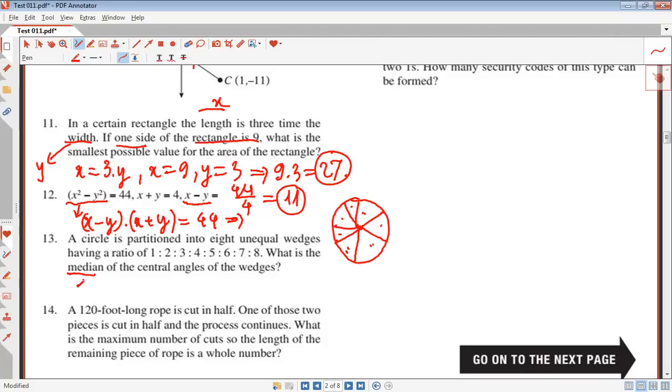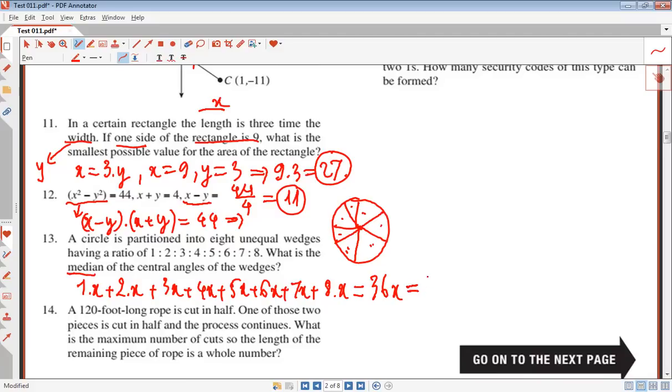Here we will have 1 x add 2 times x, and continue, add 8 times x equal, 1 add 8 is 9, and 4 couples, it is 36 x.